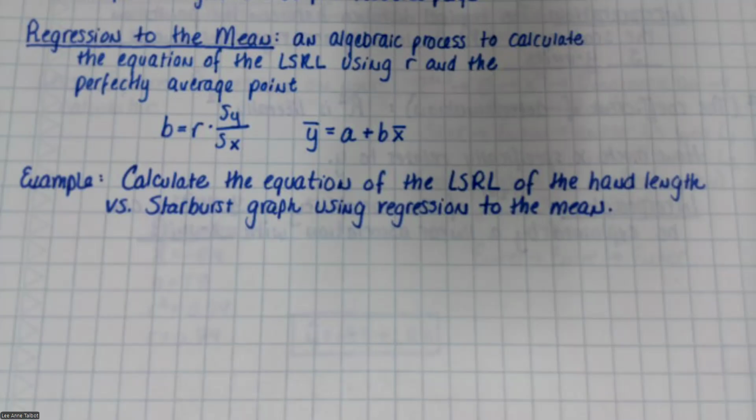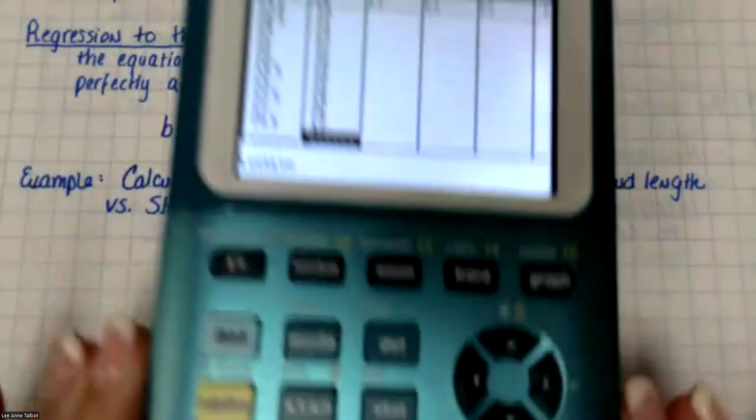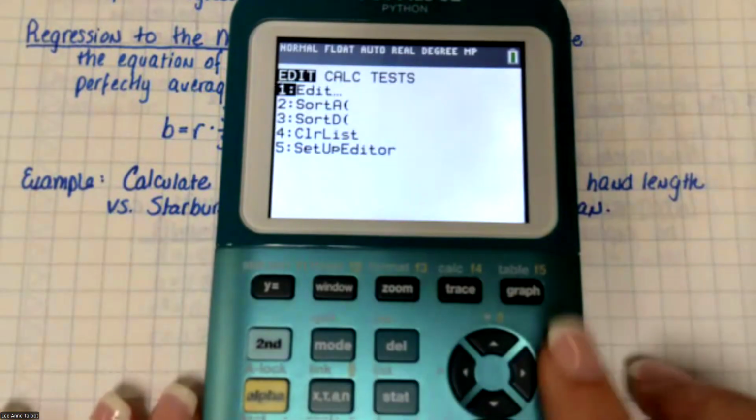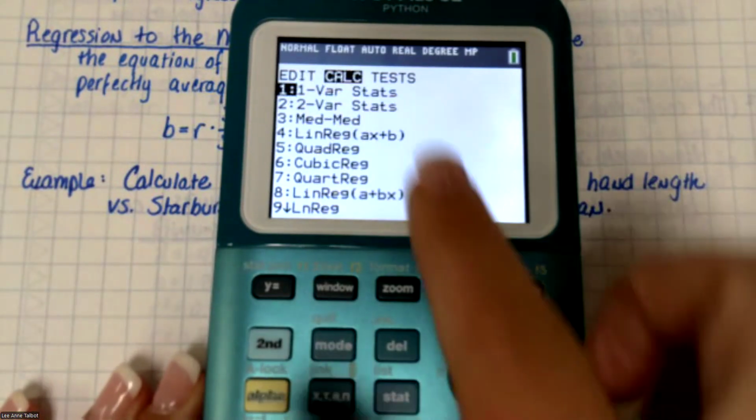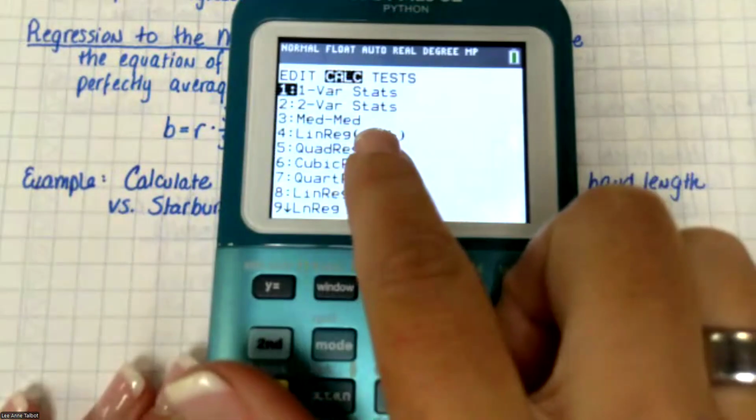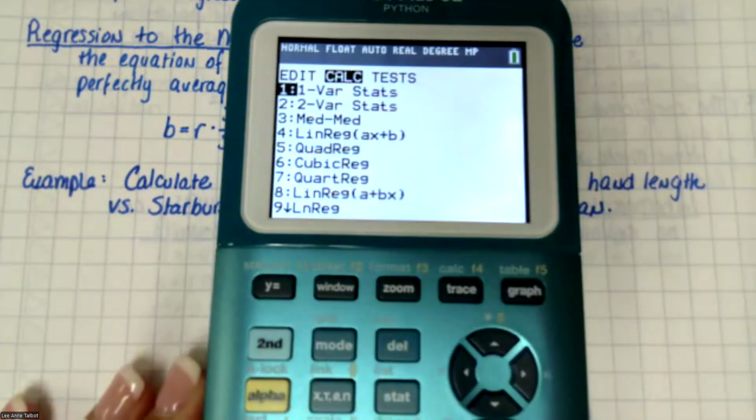Okay, now I've done some things to help you out by having you put that data in your calculator. So I want you to run two variable stats. Stat, calc, not one variable stats, but two variable stats.